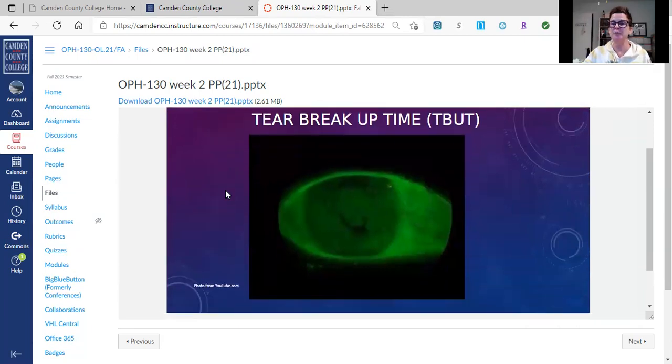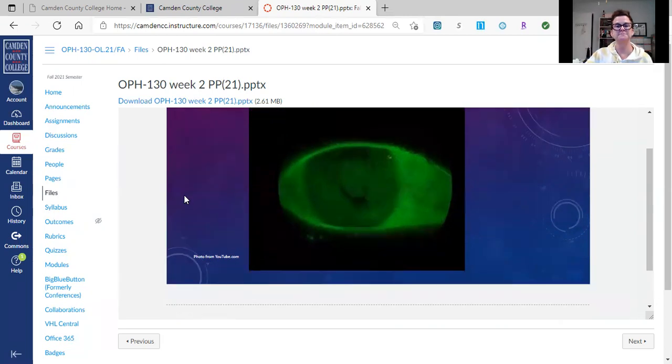When we do a tear breakup time, we're testing the quality of the tears, which is what? A function of the meibomian glands, okay? Just kind of make these notes for yourself as we're going along on your slides, and you'll do fine. But these are the points that you need to know about the tear film and the lacrimal system.